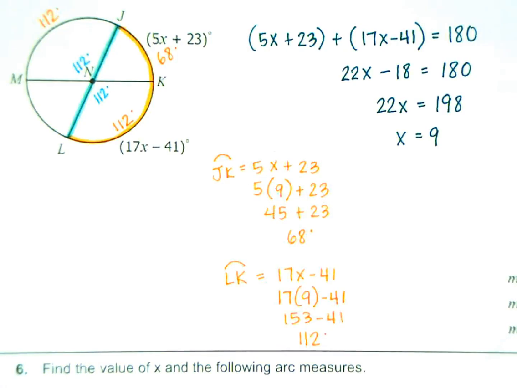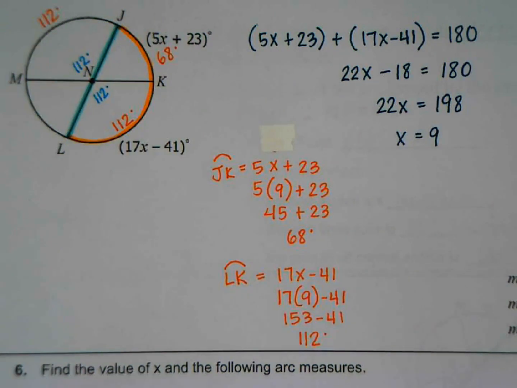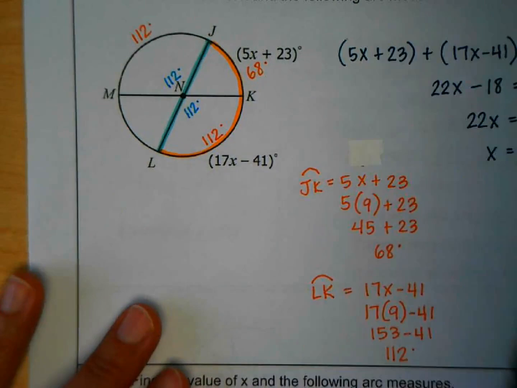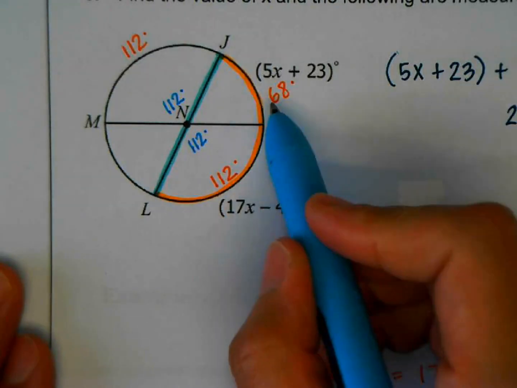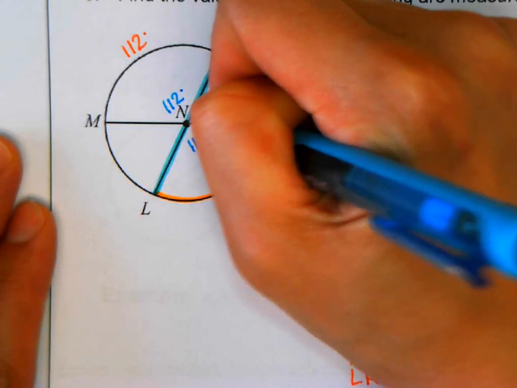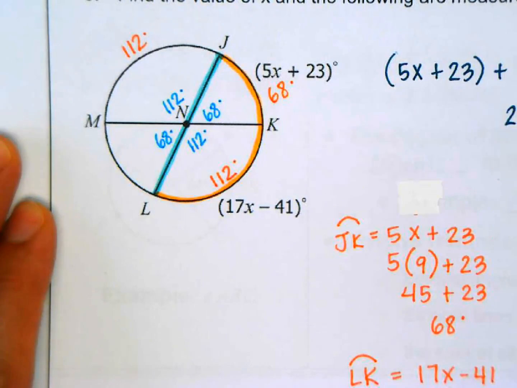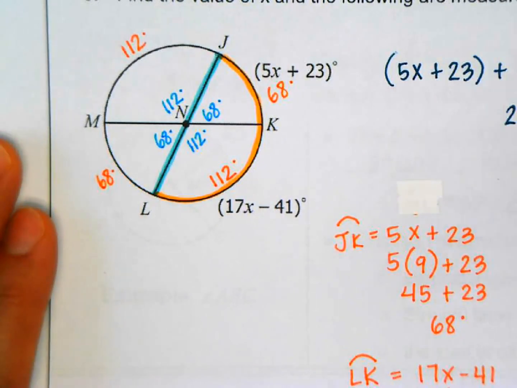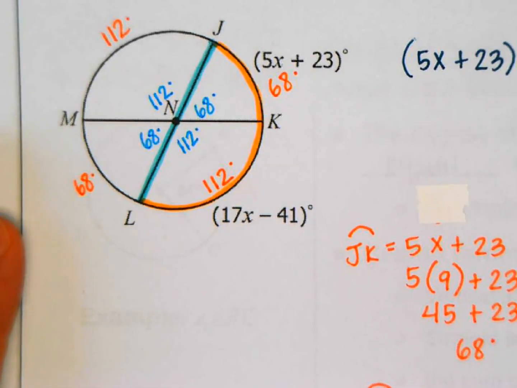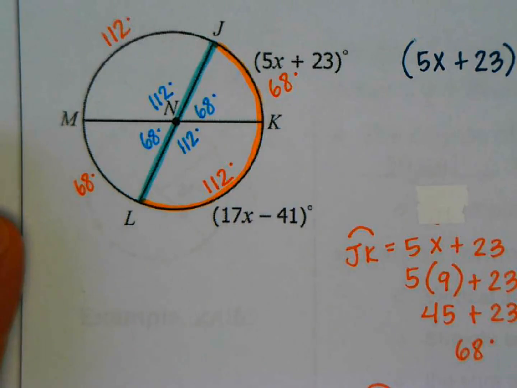If that arc is 68, its angle is 68. We have a vertical angle situation again. So then this arc is also 68. Given this information, go ahead and fill in the 4 missing answers on the bottom. I'm going to fill it in, and then I will reveal the answer.